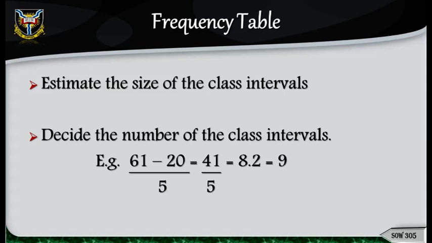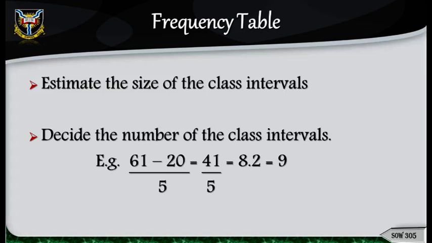For example, 5 intervals. 3. Decide the number of the class intervals. This is done by dividing the range by the number of intervals selected in 2 above. Round off the result to the nearest whole number so as to accommodate all variables.